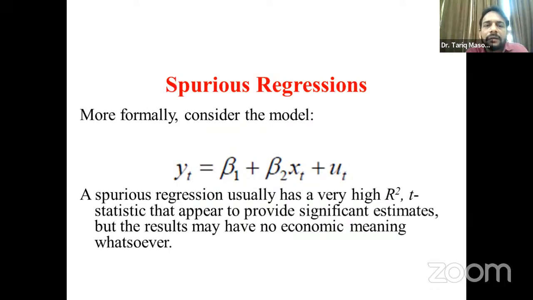We may be getting spurious coefficients, and all the significance may be due to the presence of non-stationarity. A spurious regression usually has a high R square value and significant t values, and the model looks very good in the presence of non-stationarity.